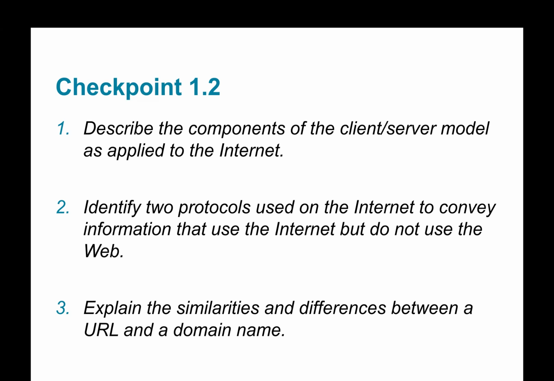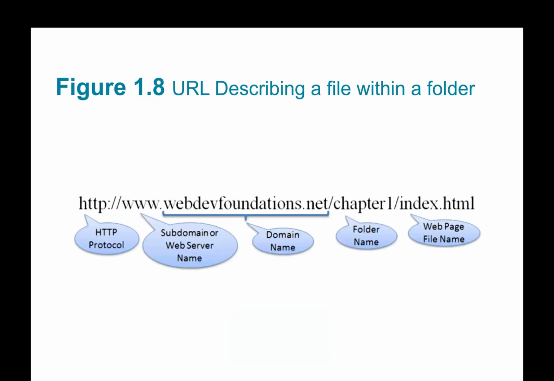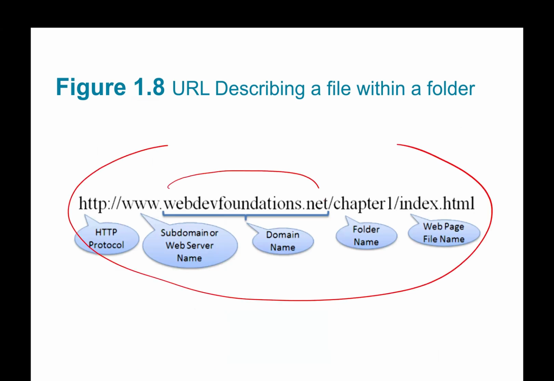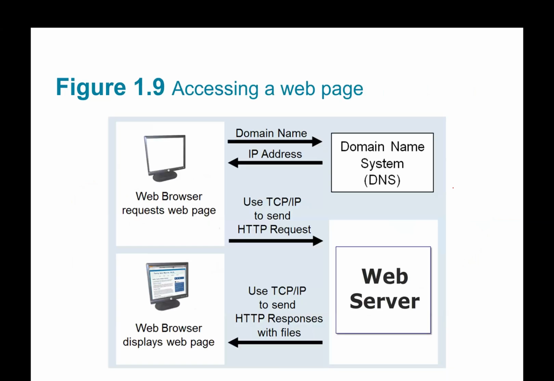And then we also talked about how a URL is built, using a domain name and other things. We showed that this is a whole URL, whereas this part is the domain name, this part means the protocol, this www dot is a subdomain name, this one means the folder name, and this one means the file name. So this whole thing makes a URL. That's it for the first part.